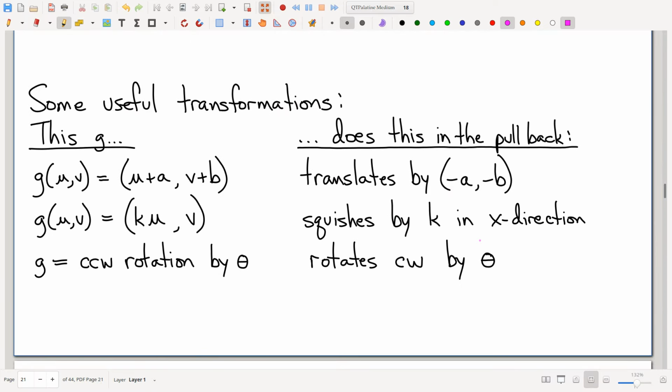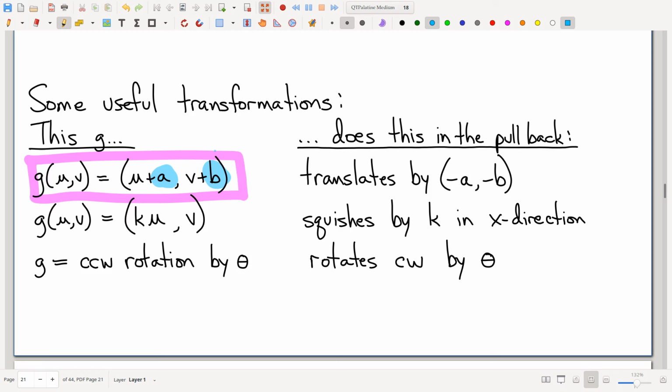Here's a couple of change of variables functions that can be convenient sometimes. This, of course, is a translation. Right? I'm sure you all recognize this is translation by the vector a comma b. Whatever you put into this function, what comes out will be the same thing plus a comma b.